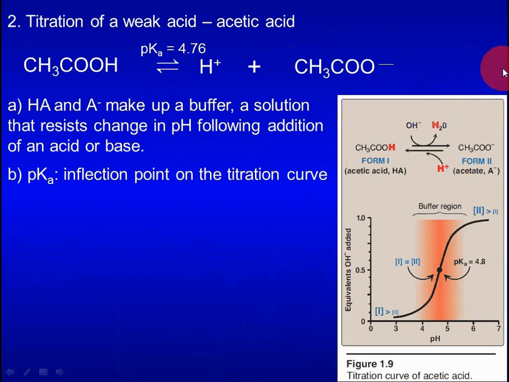We add sodium hydroxide stepwise, and we measure the pH before and after adding sodium hydroxide. At the end, the data is plotted in a chart. pH is plotted on the x-axis, and the amount of sodium hydroxide added is shown on the y-axis. And here is the curve. We call this chart a titration curve.